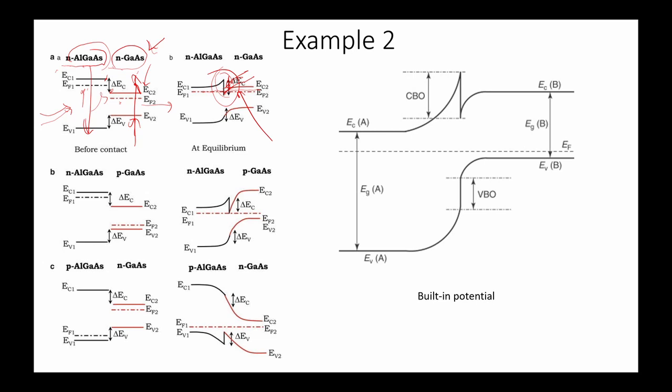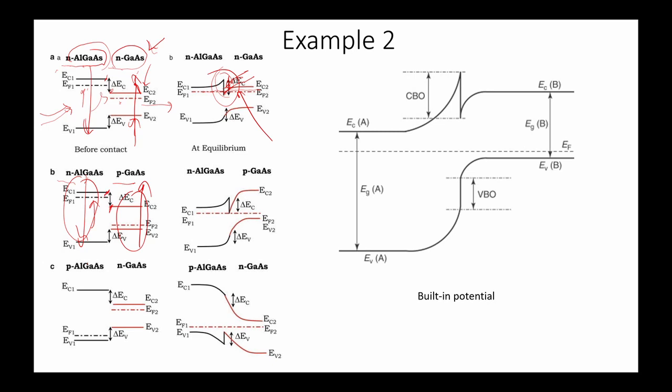And there is another case which is like this, which is n type and p type. In n type and p type, the Fermi levels will align like this. So this whole band will move down and this whole band will move up, keeping these 2 points fixed.